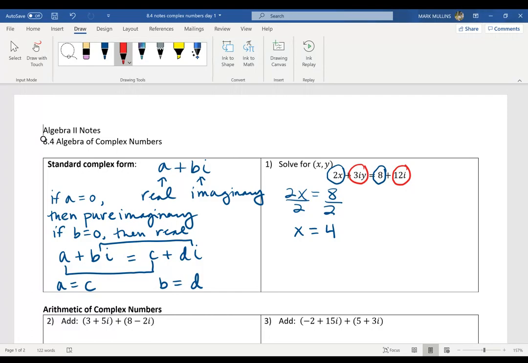I want to think about just those coefficients of i. So looking at 3iy, I would say that 3y, because that's the part being multiplied by i, is going to equal, on the other side, 12. Divide both sides by 3, y equals 4. And then my last step is to write my answer as an ordered pair. So 4, 4.